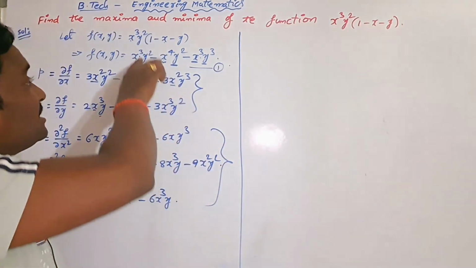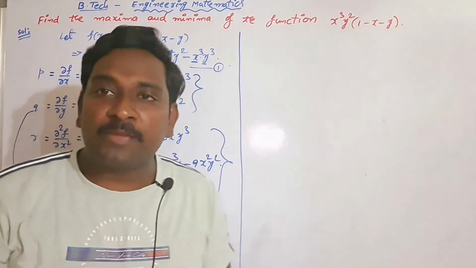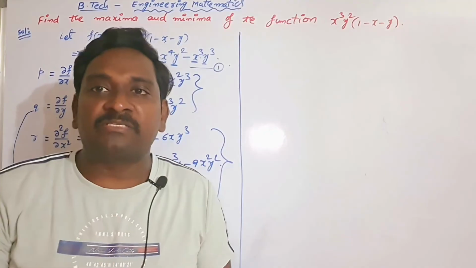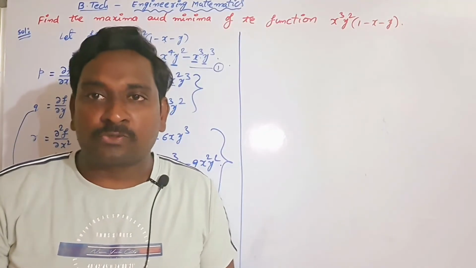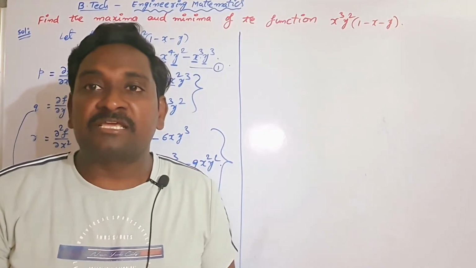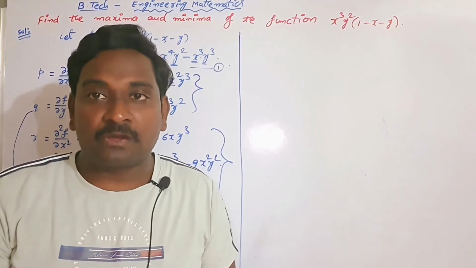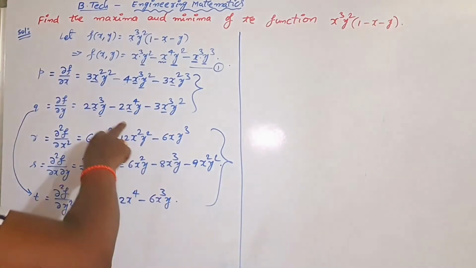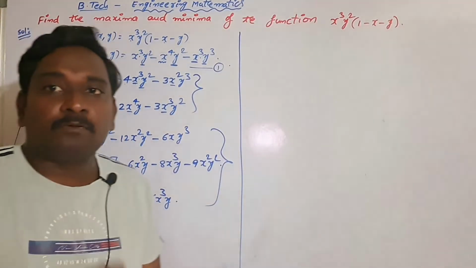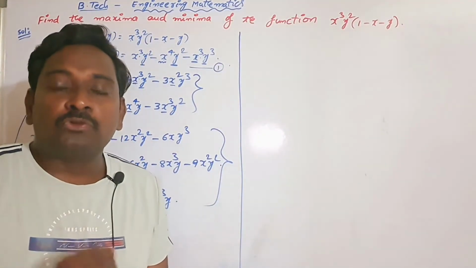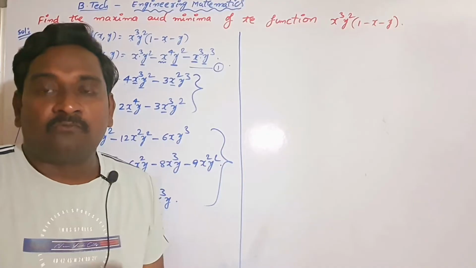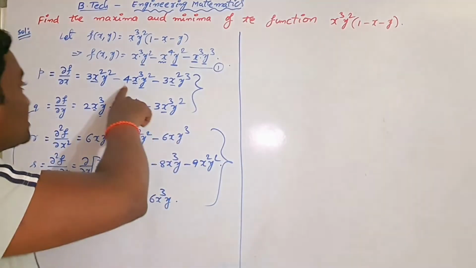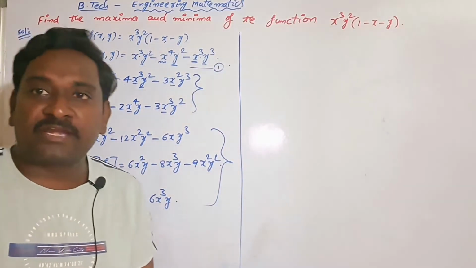A function represents a curve, and that curve has a maximum or minimum at the stationary points only. At those stationary points the slopes of the given curve should be 0. What is meant by slopes? First order partial derivatives. So for getting maxima and minima we should find the stationary points, and for that we should set the first order partial derivatives to 0. Don't forget that.